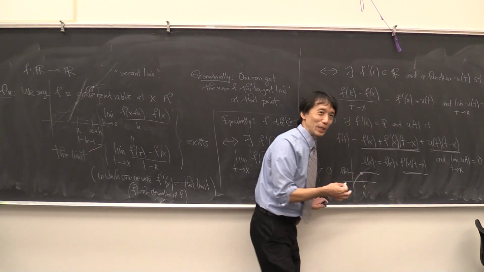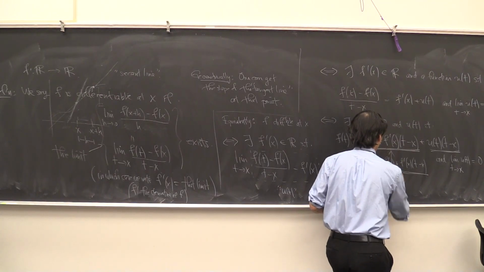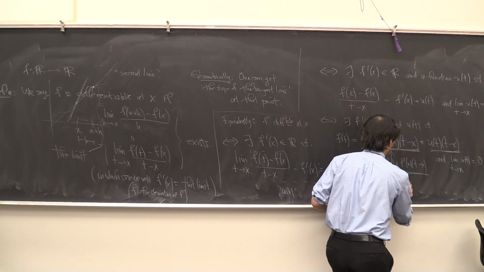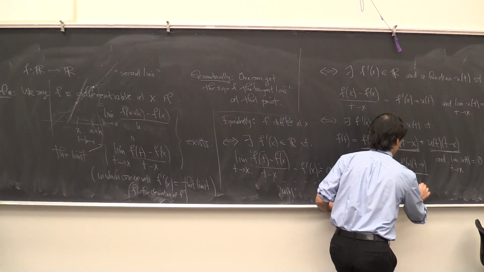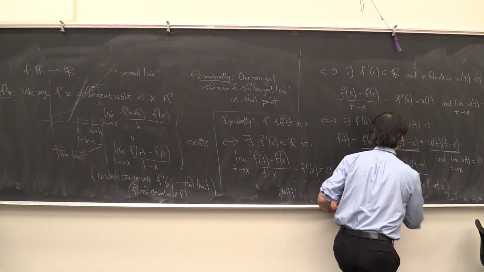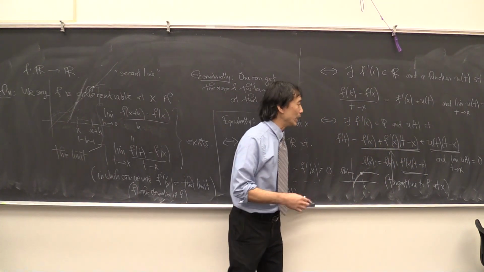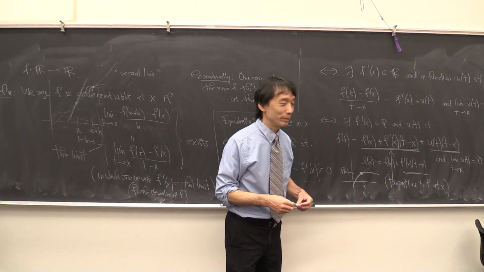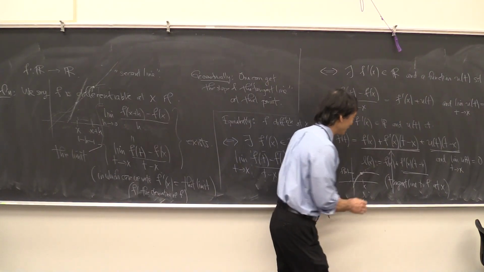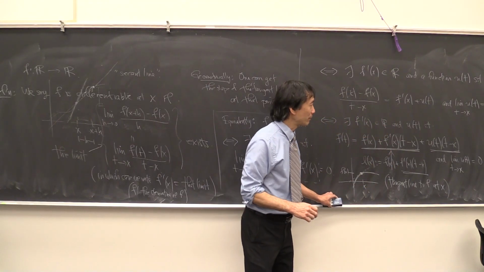In fact, it is the tangent line. So this L guy here is the tangent line to f at x, or its graph is the tangent line, if you want to be pedantic about it.